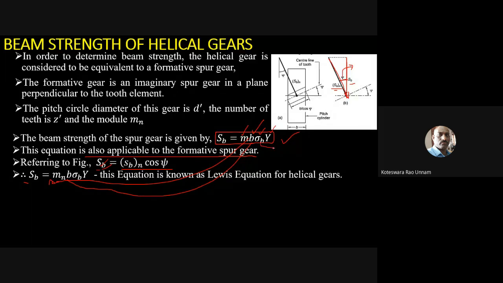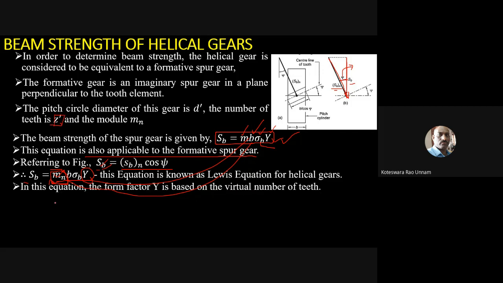In place of sigma B, it is sigma B only, and Y will be taken as the Lewis form factor calculated based on the virtual number of teeth. So the only modification you are doing here is replacing the module M by Mn, the normal module, and this Lewis form factor is calculated based on the virtual number of teeth, not on the actual number of teeth on the helical gear. That is the only thing.